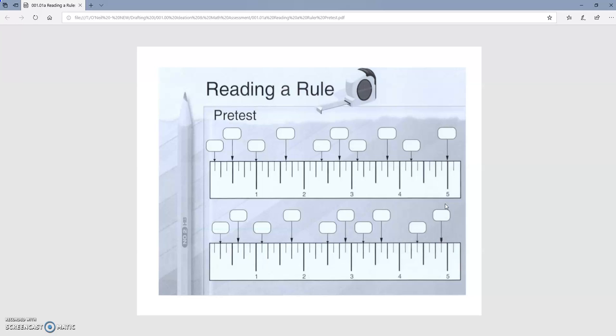Again, this is going to be dependent on how often you actually apply what's relatively straightforward here in terms of the inch measurement system. But as you can see, just as an intro, there's capsules with an arrow pointing to a gradient or a mark that indicates some portion of an inch.